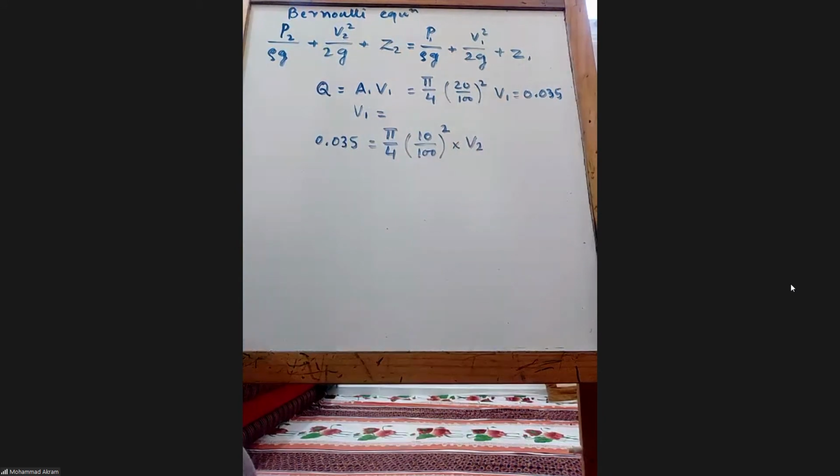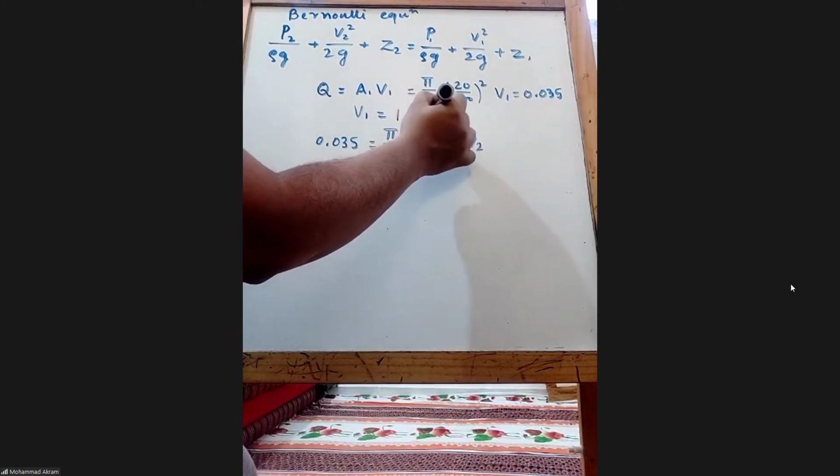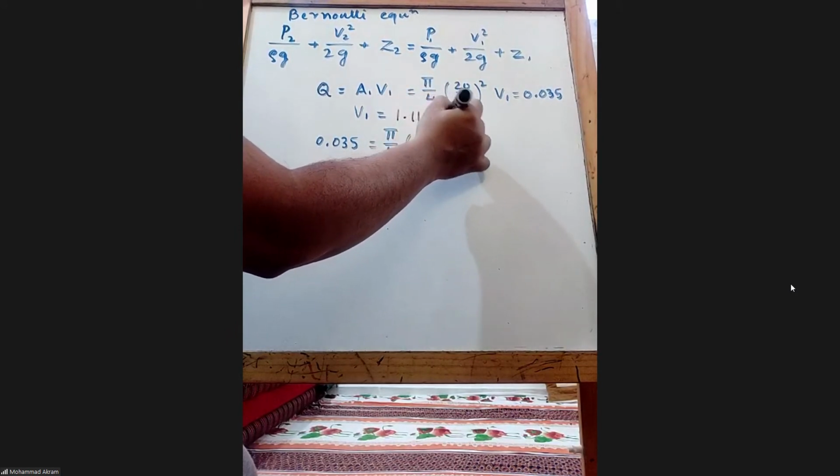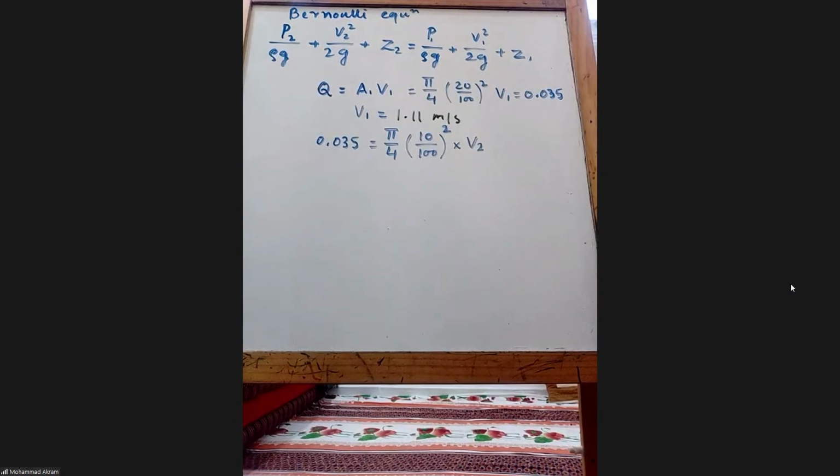I divided 0.035 over the area. So how much did you get? 1.11 meter per second. Everybody getting this result?